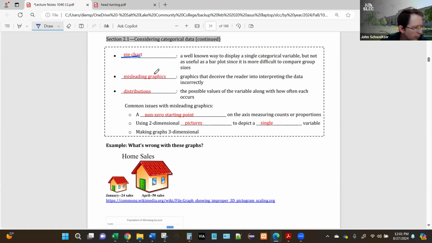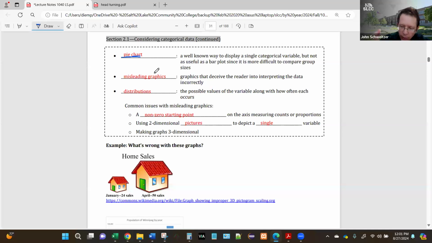Then the last thing I want to do here with these graphics is look at problems with graphics, right? So the bar chart is what we want to do, and then we want to talk about what we don't want to do. We don't want to mislead people with our graphs, and we don't want to mislead ourselves either.